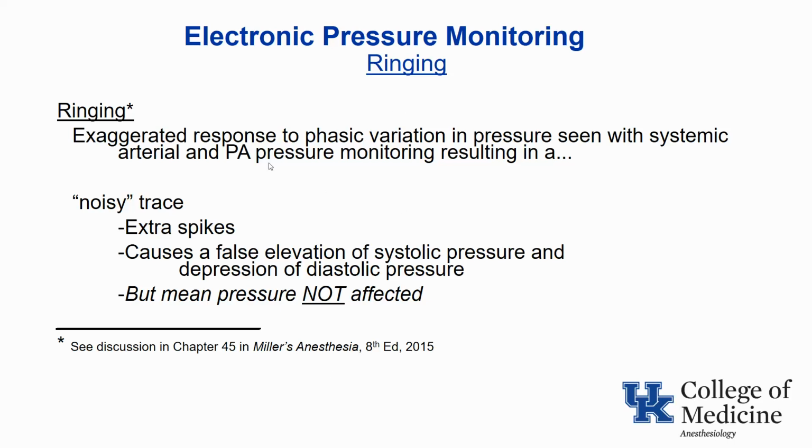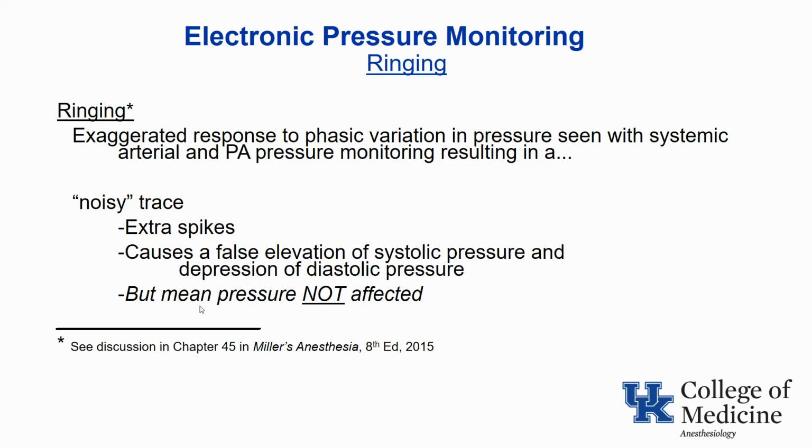Ringing describes exaggerated response to phasic variation in pressure seen in arterial and PA lines. It results in a noisy trace with extra spikes, and the significance is it causes a false elevation of systolic pressure and a depression of the diastolic pressure.